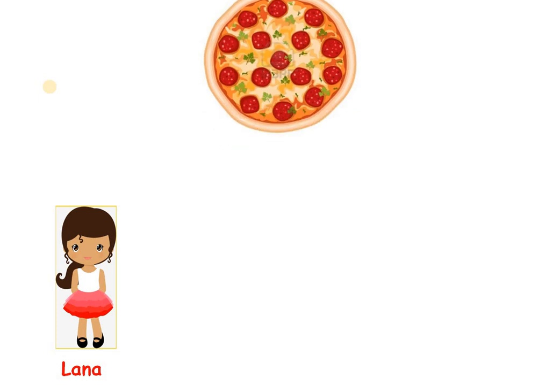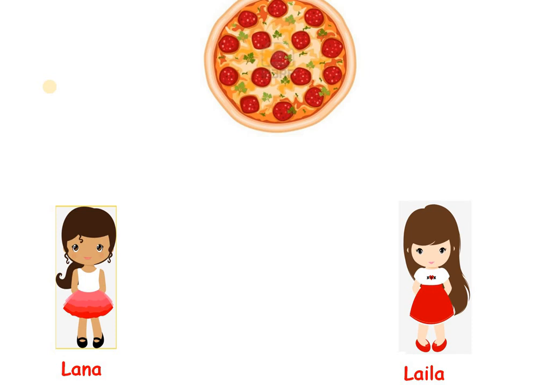Let's say there is this girl named Lana. Lana has a pizza. She loves pizza. But then her friend Layla arrives. Layla likes pizza too, and she is hungry. So they decided to share the pizza together equally.